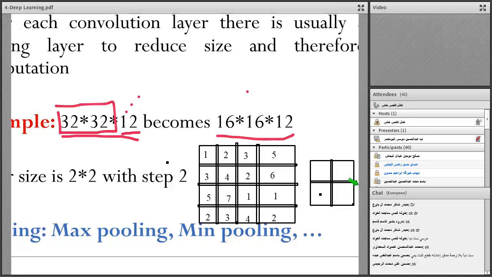So it is removing some of the data. For example, here it is putting 4, here it is putting 6, here it's putting 7, and here it's putting 4. So this is what the pooling layer is doing. In the pooling layer, we are removing some of the data.